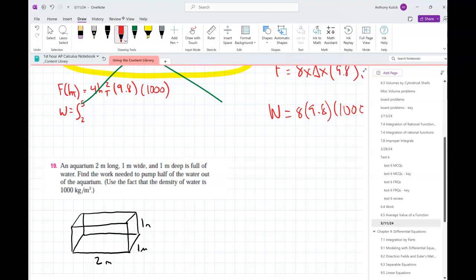Okay. So when we look at any kind of cross section here, that shape is still a rectangle, right? So the volume of that rectangle is going to be length times width times height.